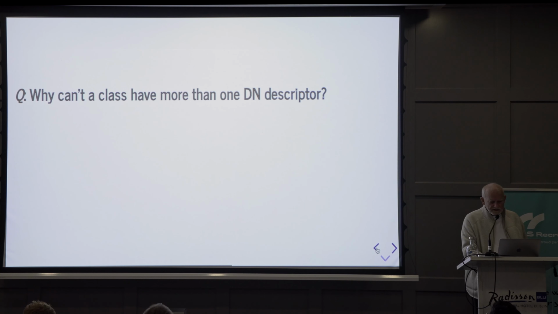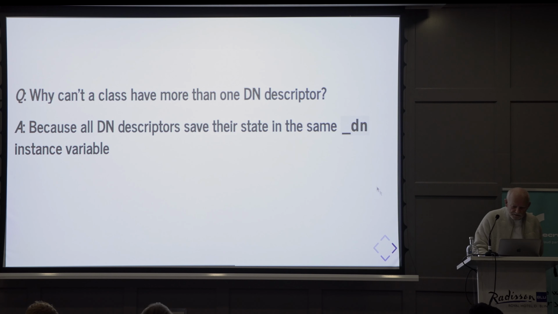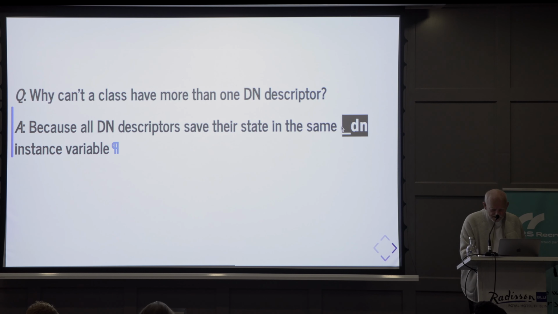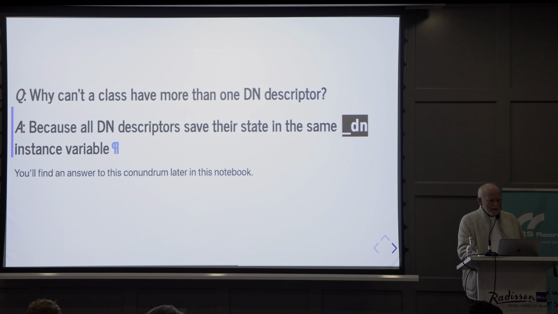So if you studied the code of the dn descriptor fairly carefully, then you will see that the dn descriptor uses a specific instance variable, underscore dn, to save the values that are put inside that descriptor. So if we gave it two dn descriptors, if we said C equals dn, D equals dn, then they would both refer to the same instance variable. So that's a little bit tricky. There is an answer to this conundrum later in the notebook.